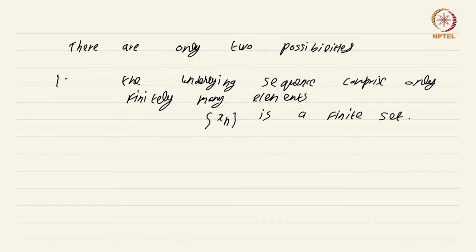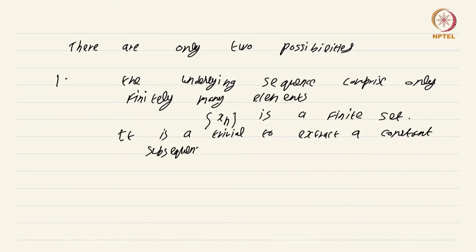In this case, it is trivial to extract a constant subsequence. So if finitely many terms just keep repeating, at least one term should keep repeating infinitely many times, and that will give you this constant subsequence, which is obviously converging to a point in K. So that's one possibility. The second possibility is this set xn is an infinite set.